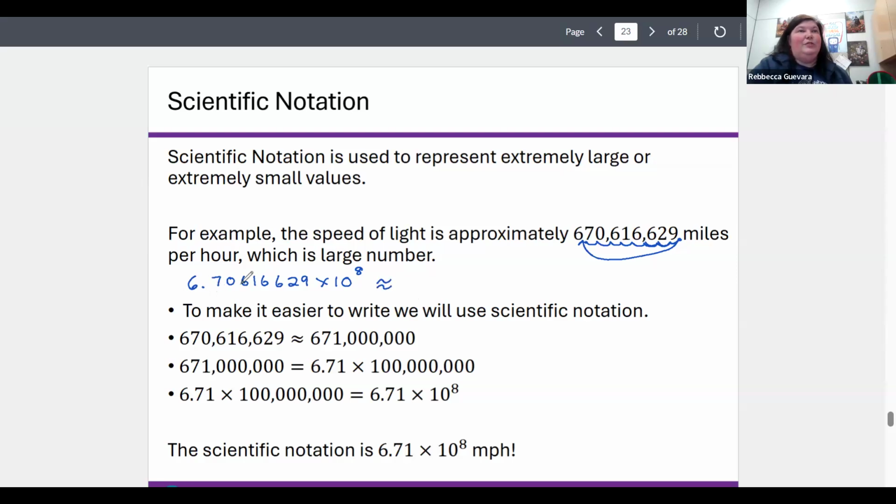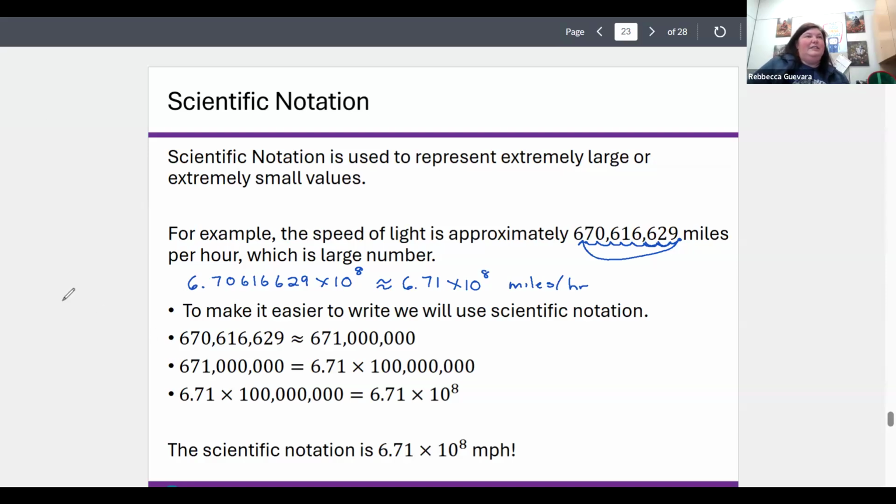Now, like I said, we usually don't keep this whole long number because what we're trying to do is condense this. So we would take this and go, well, that's close to 6.71. So 6.71 times 10 to the 8 miles per hour. So that is how we use scientific notation.